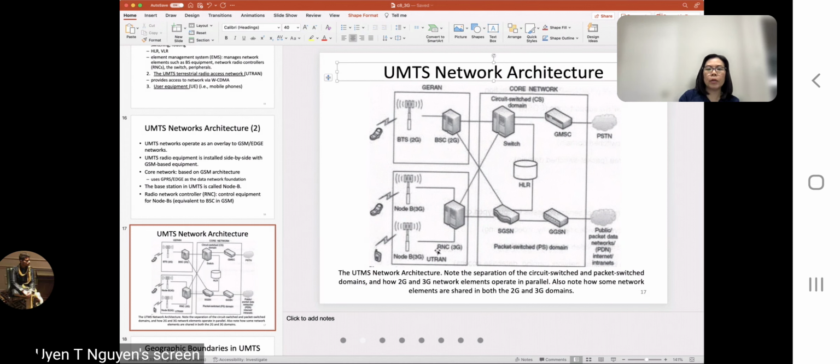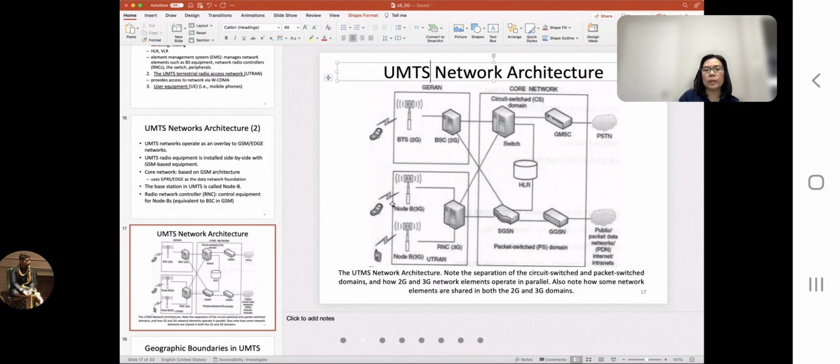We call it radio network controller, RNC. And instead of calling it base transceiver station, now they call it Node B. Basically they are the same thing, just different technology, different air interface.